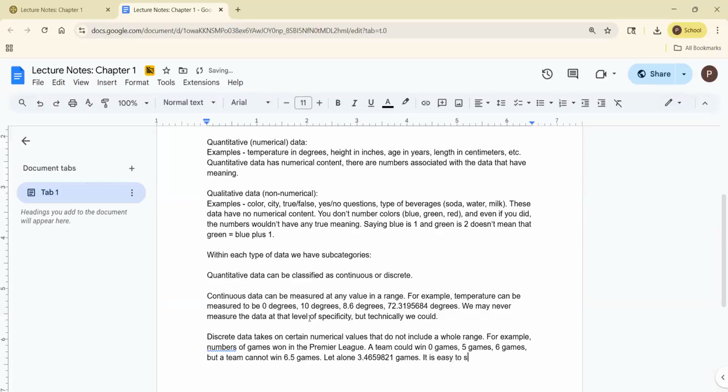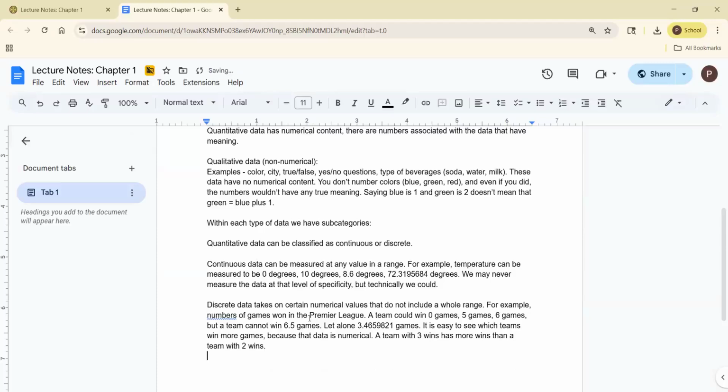It is easy to see which teams win more games because that data is numerical. A team with 3 wins has more wins than a team with 2 wins. Those are the ways that I like to classify quantitative data, continuous and discrete. There's 2 other ways, they aren't additional ways, they're a different way to slice it.